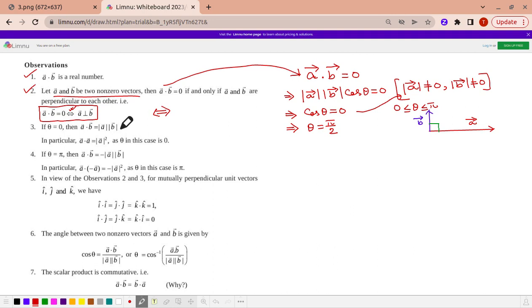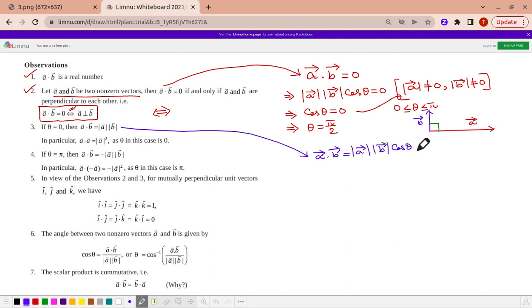Now the third point: if theta equals 0, then A dot B equals mod A into mod B. That is also quite obvious. Let me explain here. In general, we know that A dot B is equal to mod A into mod B into cos theta.